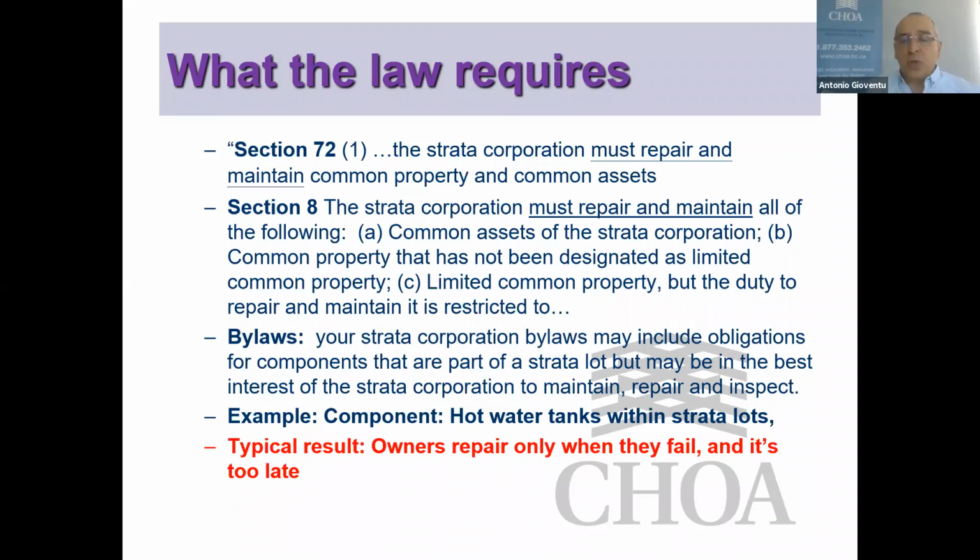So people often ask the question, what does that mean? In a nutshell, if you have limited common property in the standard bylaws, it means that you as the owner of a strata lot have custodial maintenance. You sweep it off, you clear the drains on your decks and balconies, you may be required to shovel the snow if it's limited common property. But if it's common property, the strata cannot require you to do any maintenance. That becomes the collective responsibility of the strata.